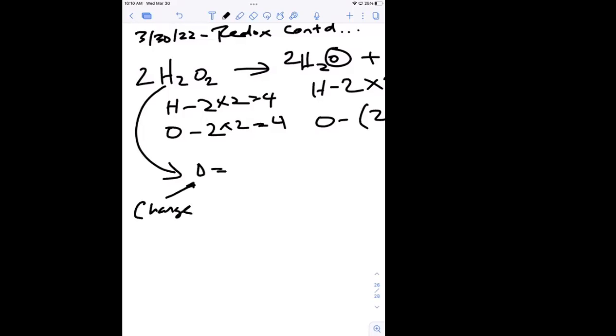And then we know hydrogen, when it's bonded to a nonmetal, is +1. And we've got 4 of them. So it's going to be 4 times +1, plus 4x, because they have to add up. Is that right?